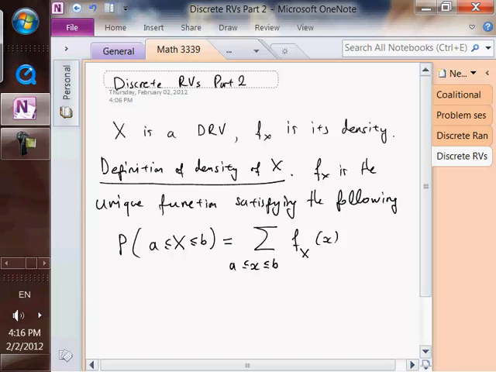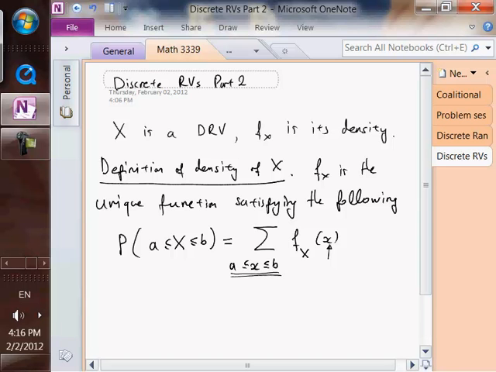So in short, what does this formula say here? This formula says that if you want to find the probability that the values of the random variable will be within a certain range, then what you need to do is simply look at the density function and sum the values of the density function for whom the lowercase x, the value of the random variable, fits the requirement that it's between a and b.